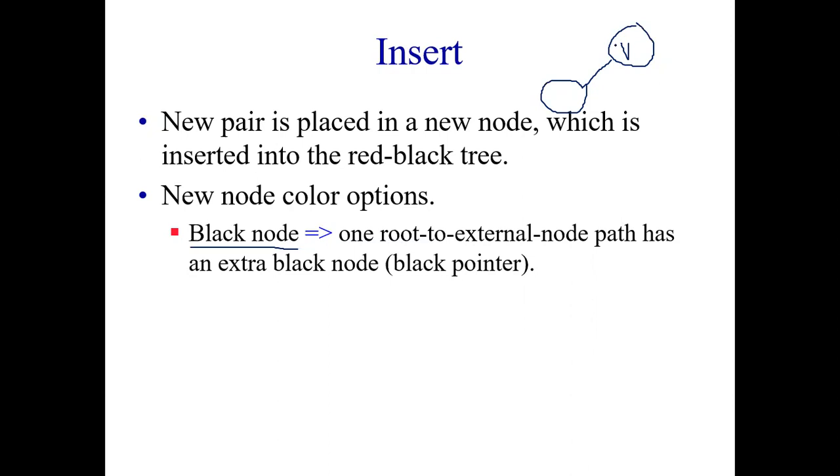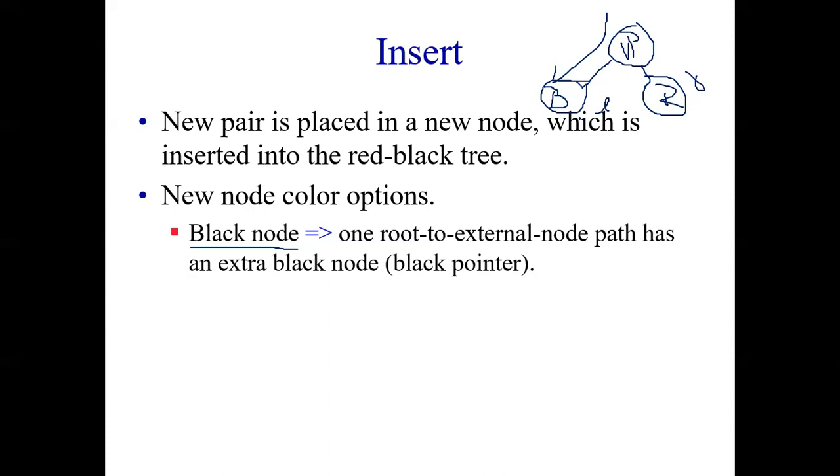If it does not have any child, and for the new node you give a black color, then the number of black nodes in one path will be more than the number of black nodes in the other path. Say if this is a red color, if previously this old node is the right child of the particular parent, and now you are inserting this new node on the left side, and you are giving this a black color.